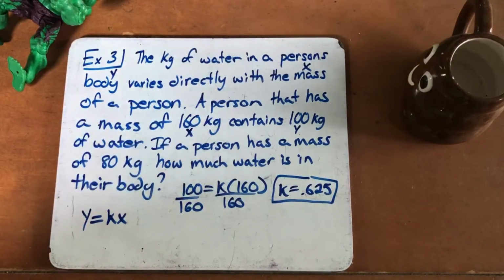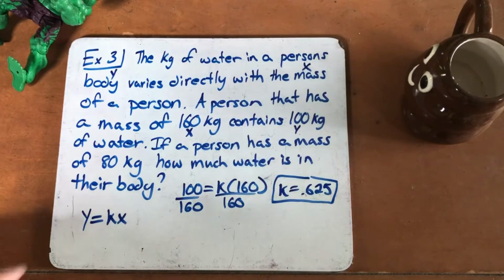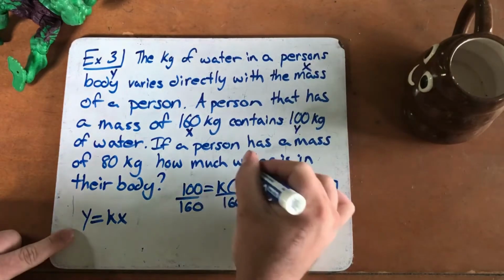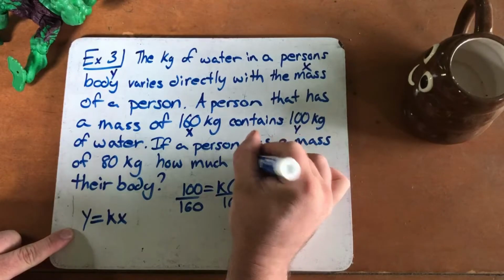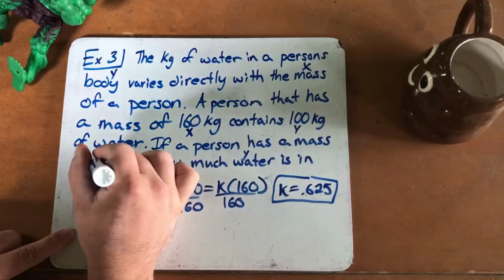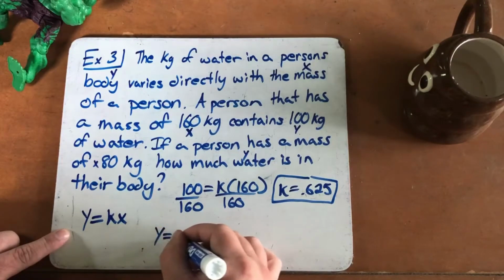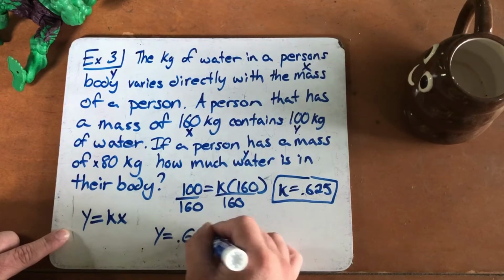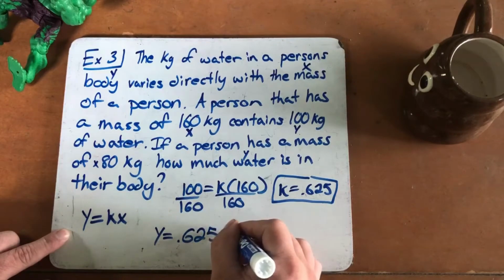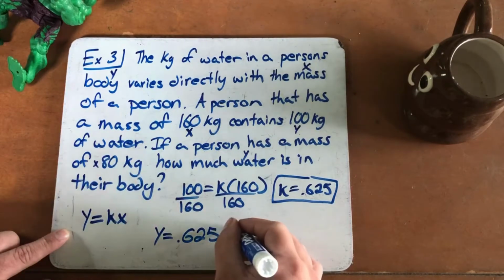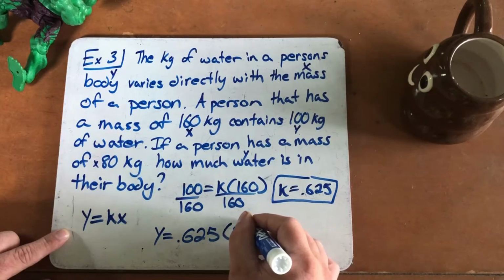If a person has a mass of 80 kilograms, how much water is in their body? So the water in their body is my Y. The mass, or the 80 kilograms, is my X. So when I set it up, Y equals 0.625 times X, which in this case is my 80 kilograms.